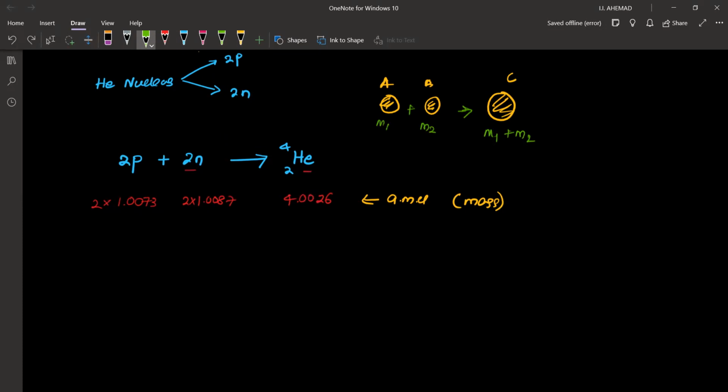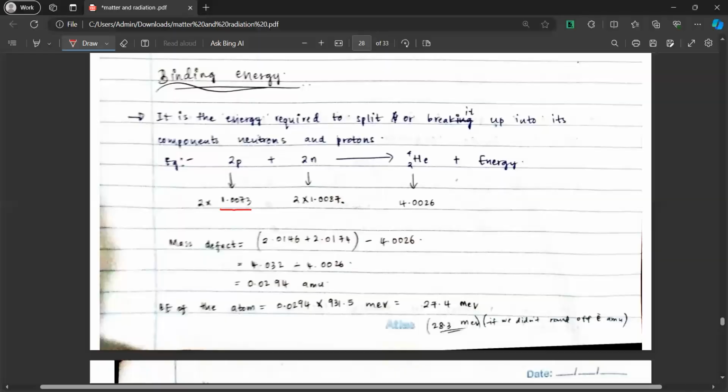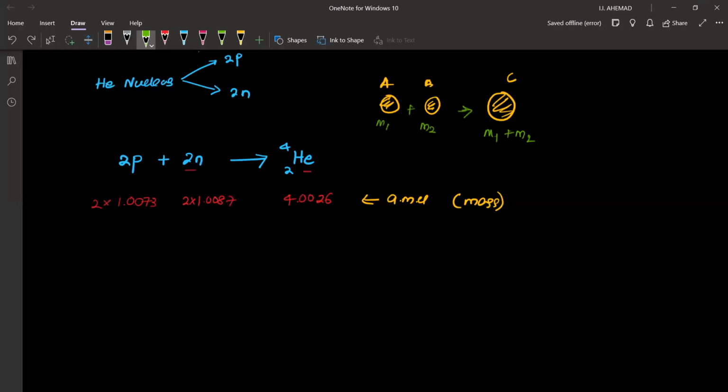So for protons, we have to multiply the value by 2, plus multiply the neutron value by 2.